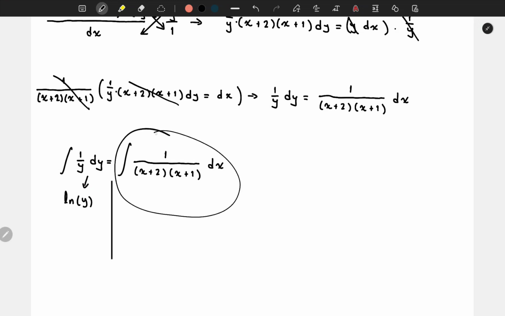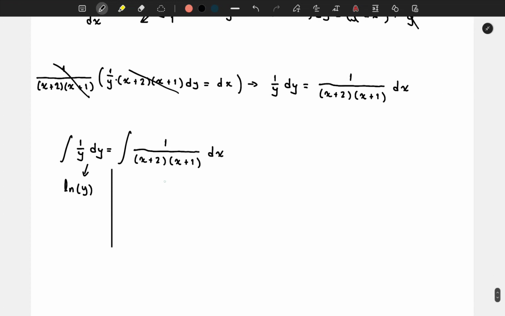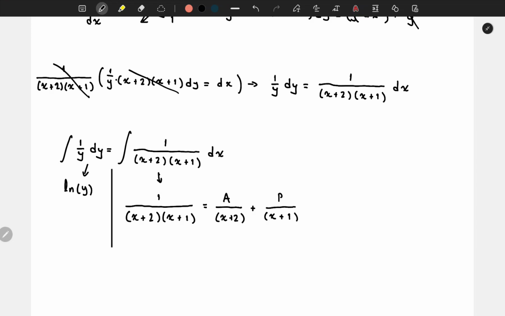And so now we're going to have to integrate this. But how do we integrate this? We're going to have to use partial fraction decomposition. So 1 over (x plus 2)(x plus 1) is going to be equal to a constant over x plus 2 plus another constant over x plus 1.